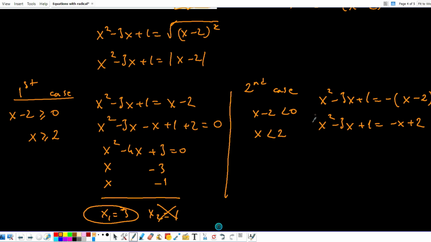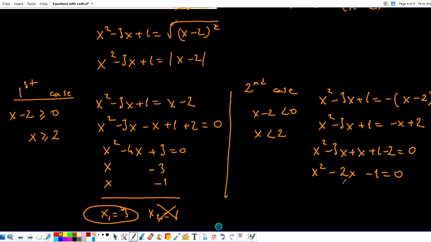Now again we'll write in standard form, everything on one side. So it will be x squared minus 3x plus x plus 1 minus 2 is equal to 0. Then x squared, minus 3x plus x is minus 2x, plus 1 minus 2, it's minus 1 is equal to 0.